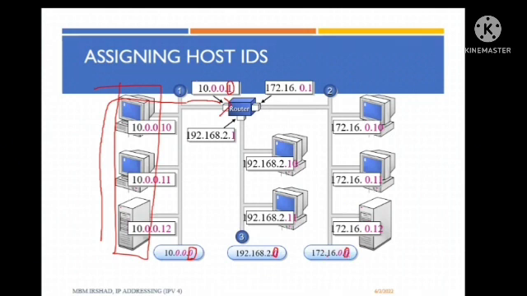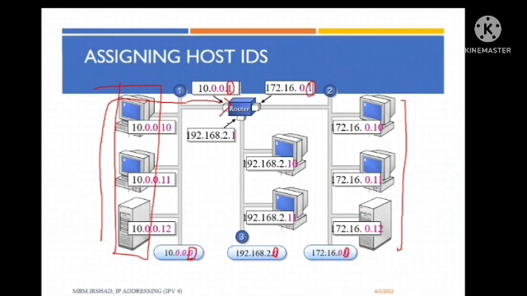If you look at network 2, the IP range is 172.16.0.0. So 0 as always is the network ID. Host IDs are given here. But still the gateway for network 2 will be 1.